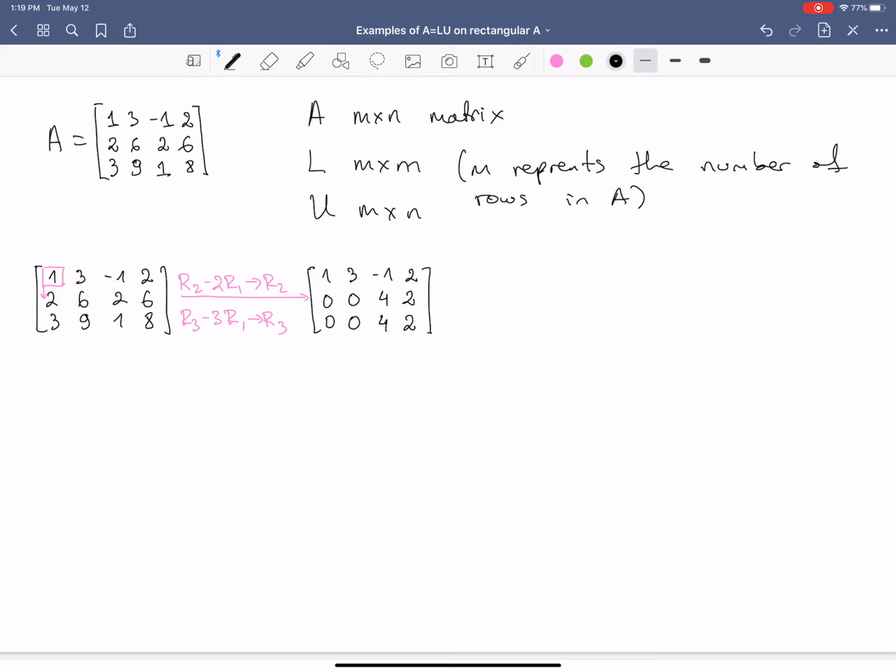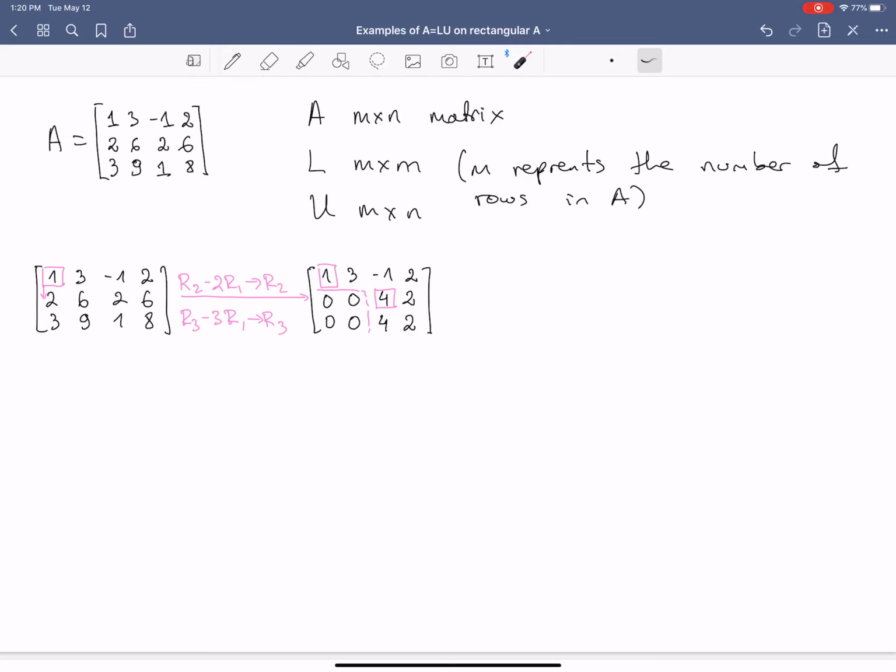Now, some of you may find this situation confusing. You see, in the second column, we don't have a pivot. There is nothing wrong with that picture. So the 4 in the second row will be a pivot. The condition for a pivot is that everything to the left of the pivot, and below it, needs to be 0. So if we had a non-zero term in this position, then we would not call this 4 a pivot.